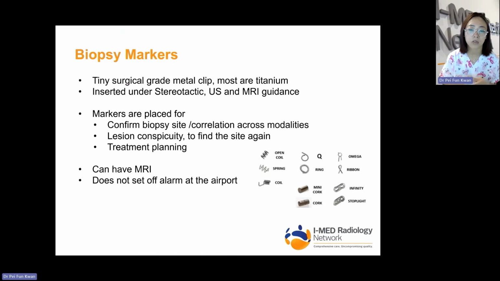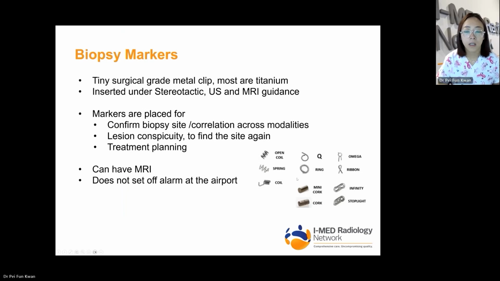The tumor often shrinks, and often they are completely gone, and we only have the marker to X mark the spot of the tumor, and that's where we will guide the surgeon to remove the tumor bed.